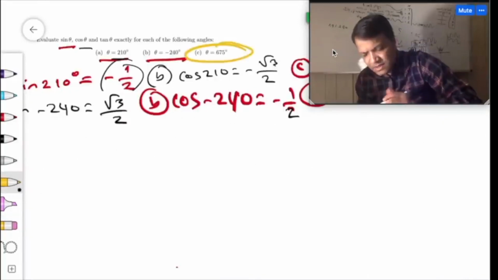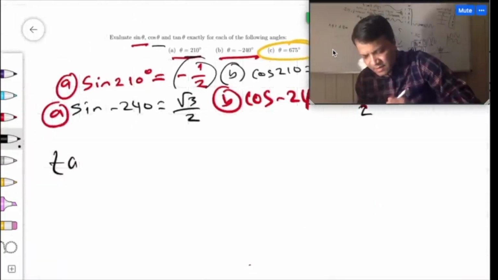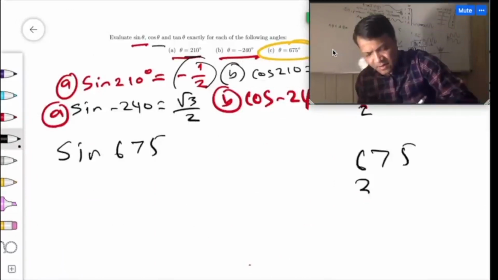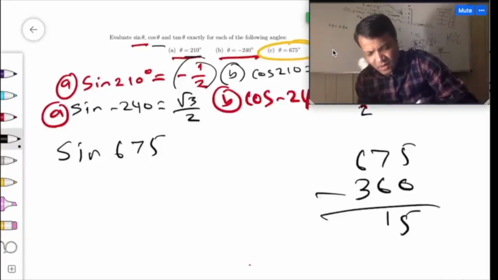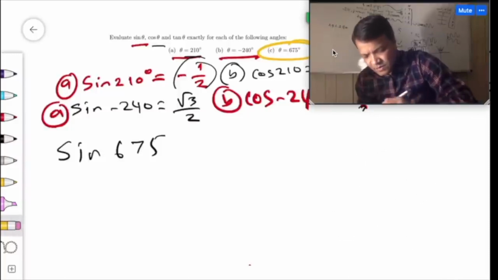The last one is 675, and that is sine 675. So 675 minus 360 is 315, which is equal to sine 315.